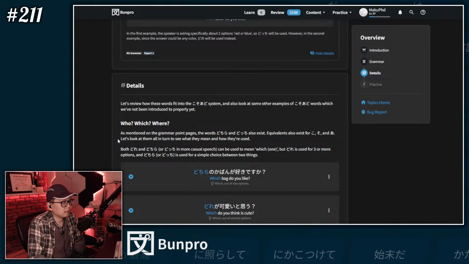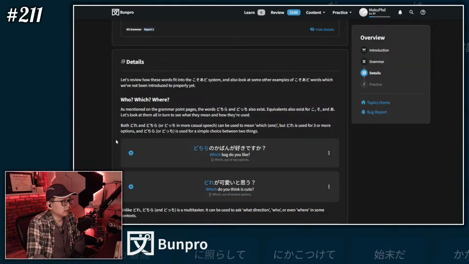Let's review how these words fit into the kosoado system and also look at some other examples of kosoado words which will not be introduced properly yet. We've not been introduced to properly yet. Why do I feel weird reading this?